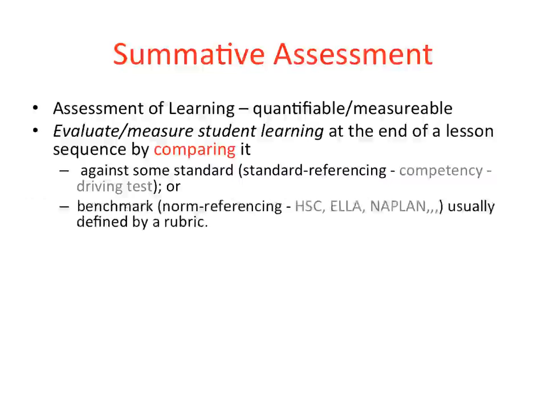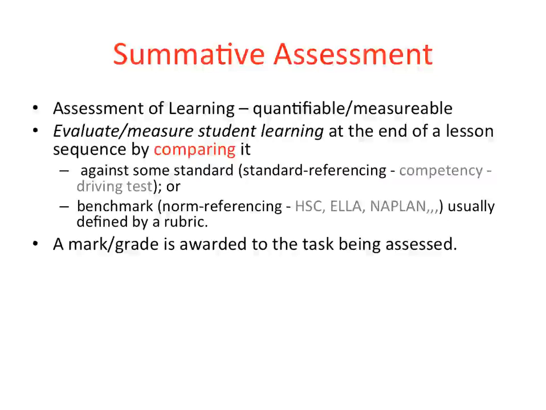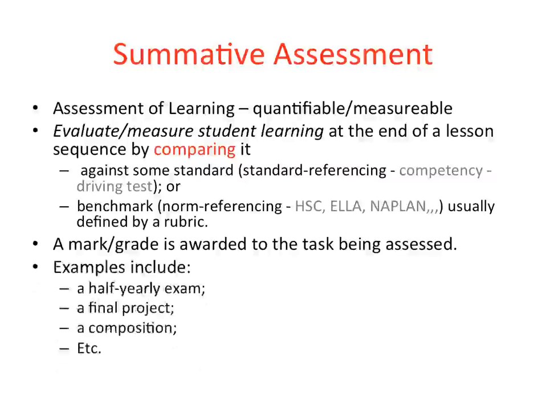It can also compare it to a benchmark, and this is norm referencing. The HSC, ELA, NAPLAN are all examples of norm reference tests, and often the marking of them is defined by a rubric. A bit more about that in a moment. So a mark or grade is awarded, and here's some other examples: the half-yearly exam, a final project, a composition, all sorts of things.